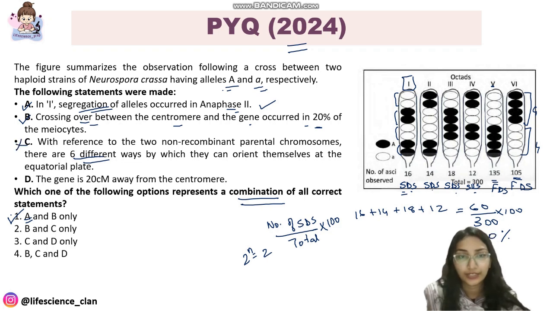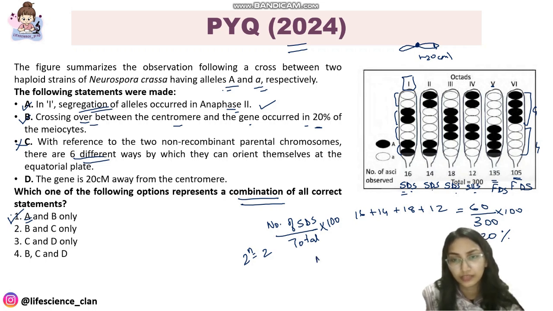Statement D says the gene is 20 centimorgans. Centimorgan is the unit of map distance in the chromosome away from the centromere. So it says that your gene from the centromere is 20 centimorgans away. Okay, so for this we have the formula which we have studied previously.